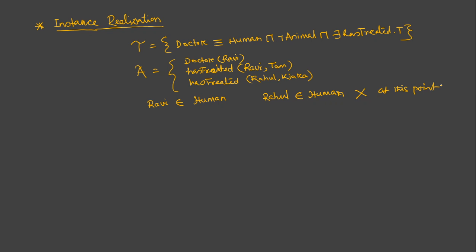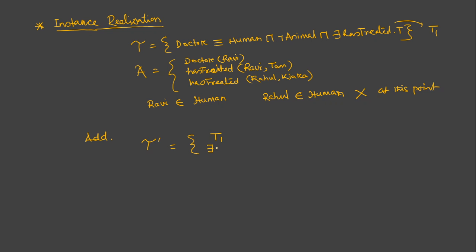Right? Now let us assert something else. So let us now add this particular thing in our T box. So our revised T box, T prime, has T1 as it was earlier.